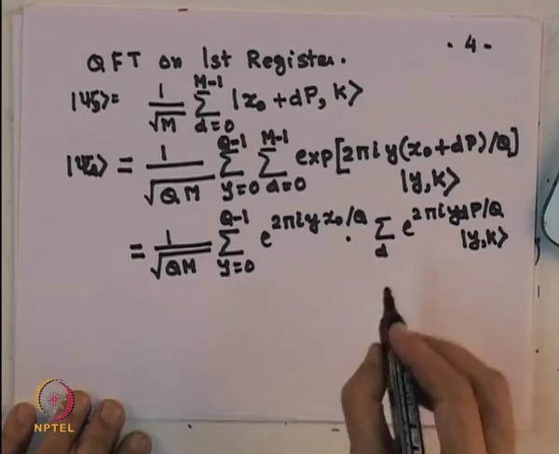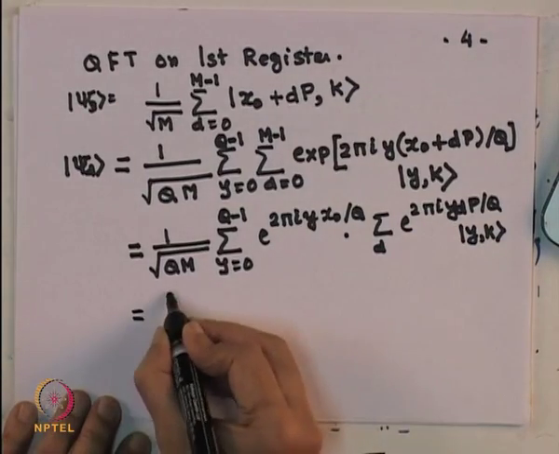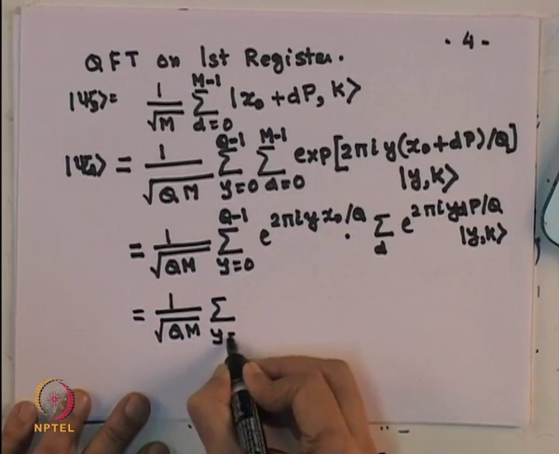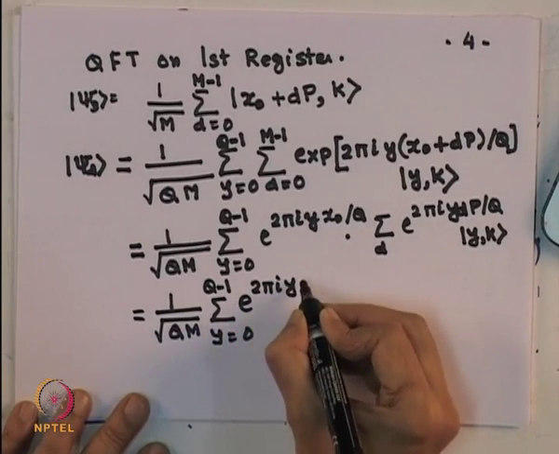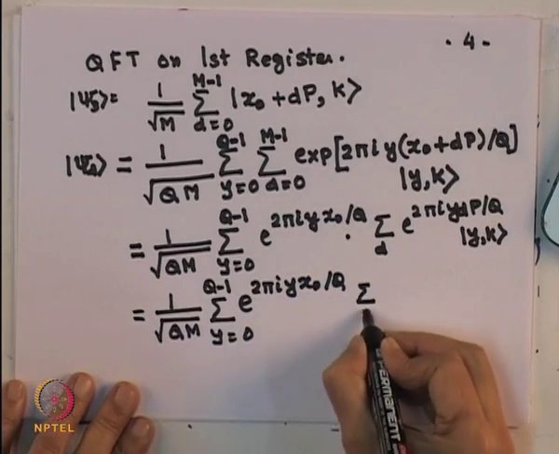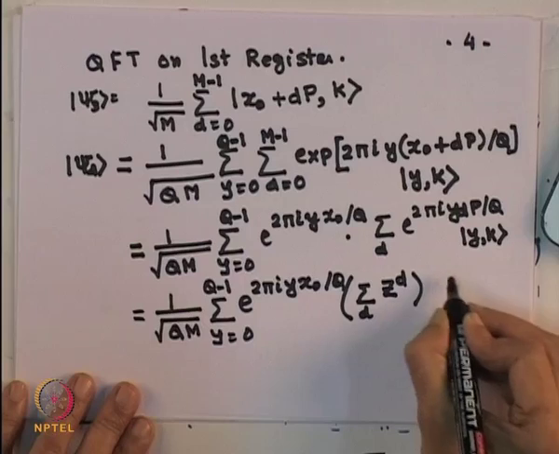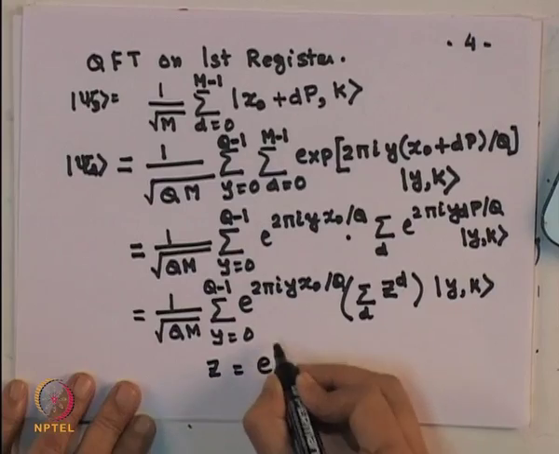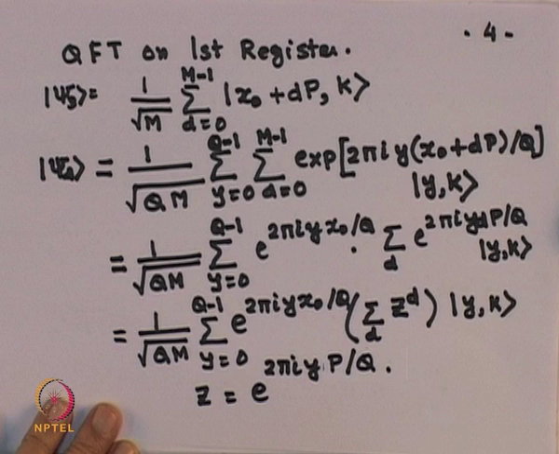Now this sum over d, you notice that it is only there in this term. So this is equal to 1 over square root of qm, sum over y equal to 0 to q minus 1, e to the power 2 pi i y x0 by q, sum over d, we put it in bracket, let's call this z to the power d, and of course yk, where we have defined z to be given by e to the power 2 pi i y p by q.